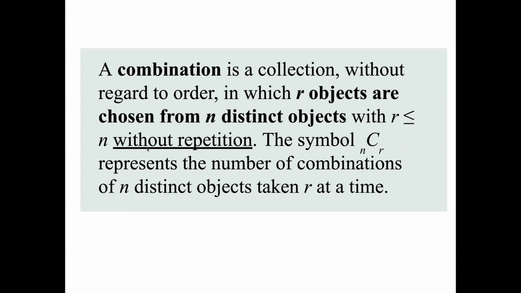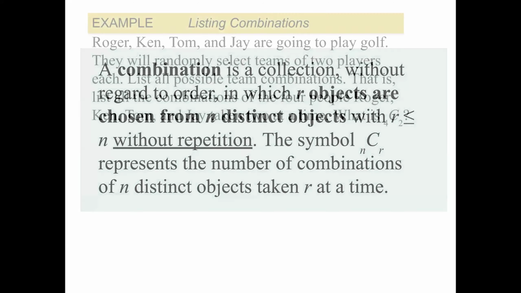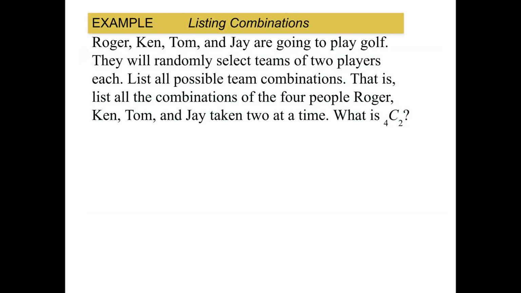R is always less than or equal to N, and it's without repetition. Understand the symbol C(N,R) is different than P(N,R), permutations and combinations. So try to understand this as best you can as you do the homework and study.